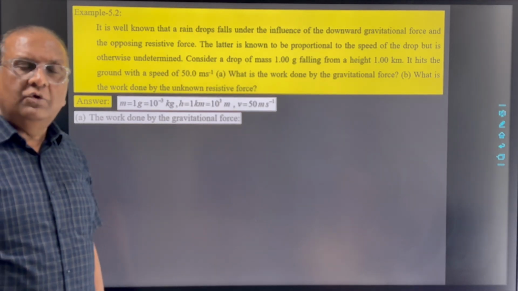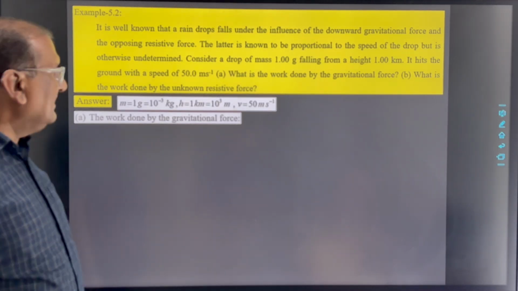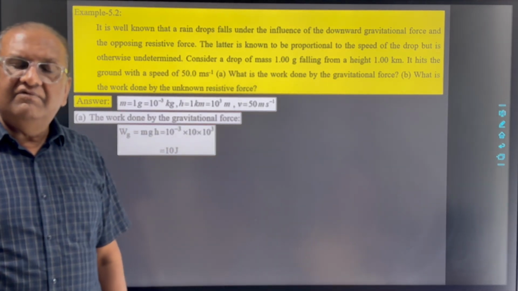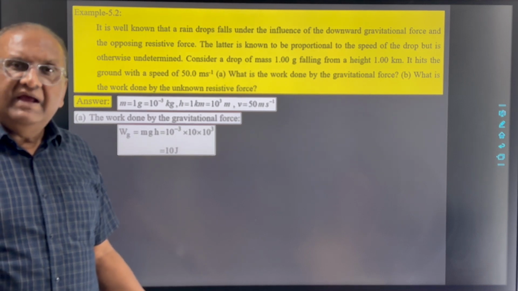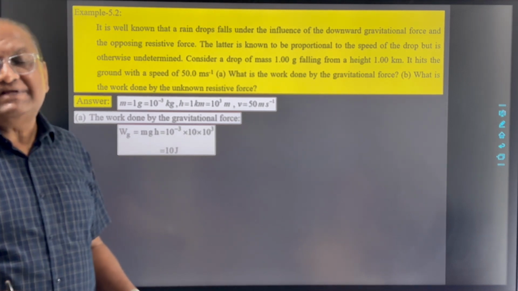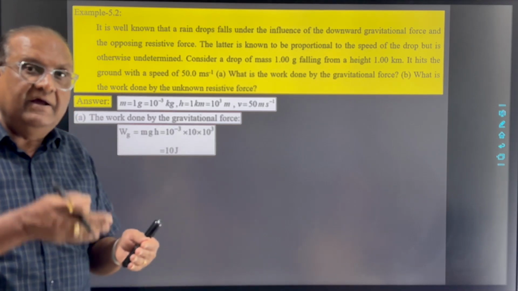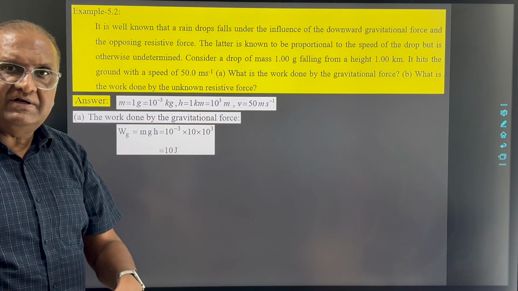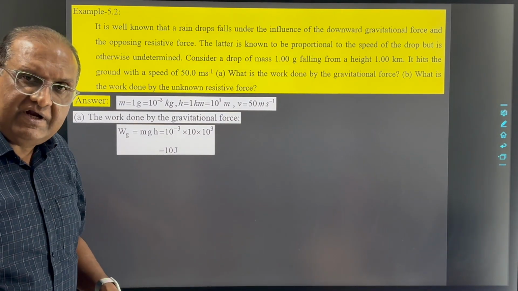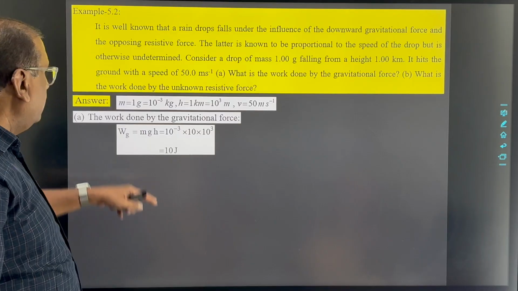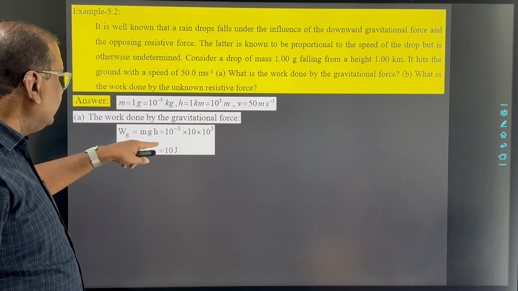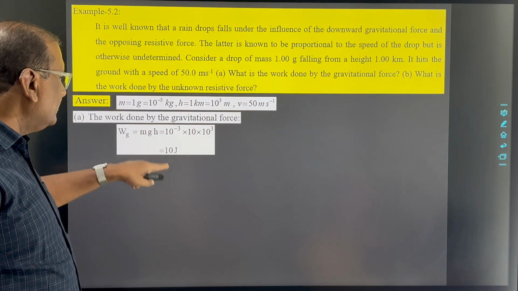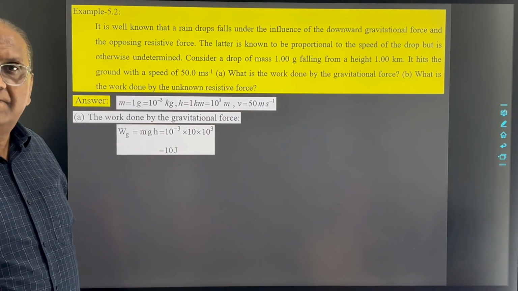The work done by the gravitational force is mgh. Force is mg, and under the effect of this gravitational force, the distance travelled is h. The gravitational force is in the downward direction, and the displacement is also in the downward direction. Clear? So this work done is positive. So m is 10 raised to minus 3, g is 10, h is 10 raised to 3. So it is 10 joule.